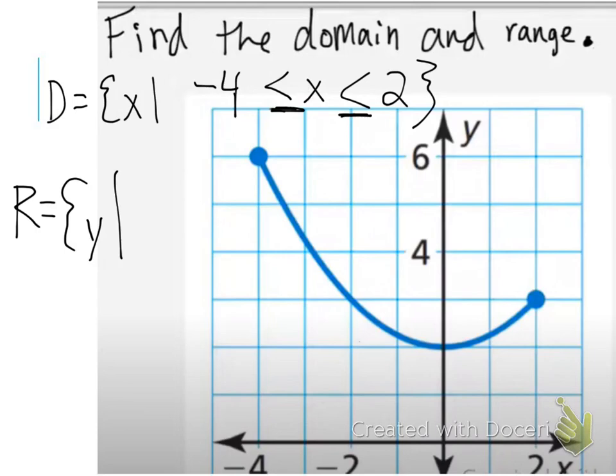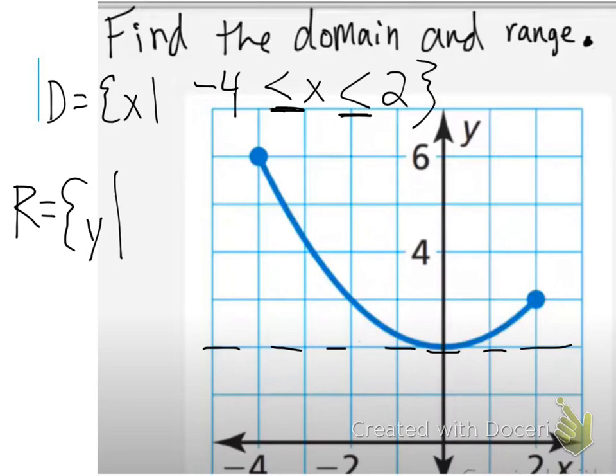So what's my smallest y value here, being represented by the blue curve? Now -4, that was my smallest x value. We're looking vertically now, right? So what's the lowest number on the y-axis this blue curve hits? 2, right? This is the smallest it hits. Does everyone agree with that?